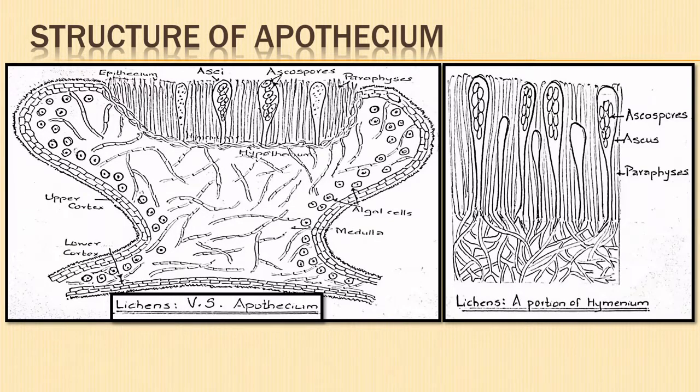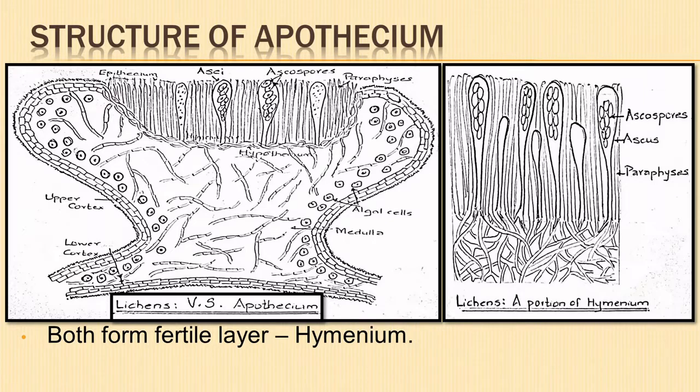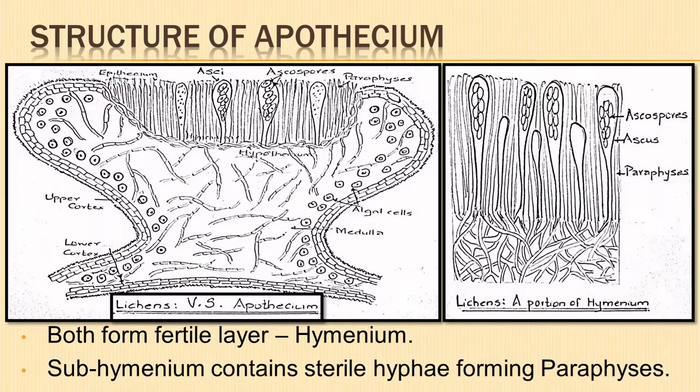The asci and the paraphysis form a continuous, closely packed, fertile layer called the hymenial layer or hymenium or thecium. Beneath the hymenium is a dense mass of sterile hyphae called the subhymenium, from which arises the paraphysis.